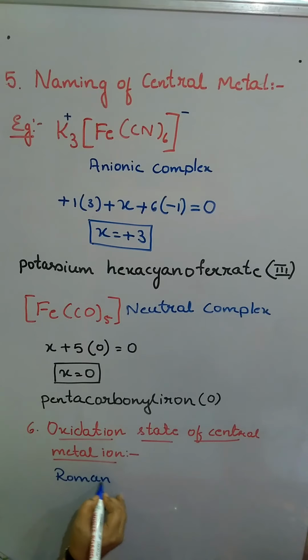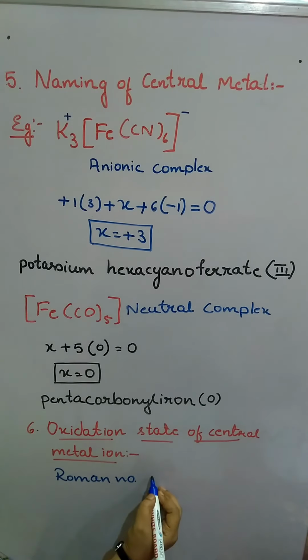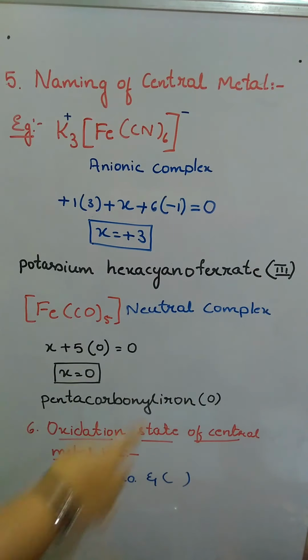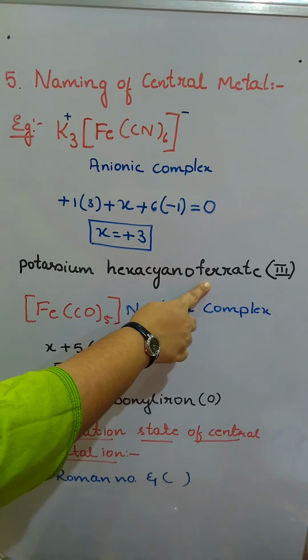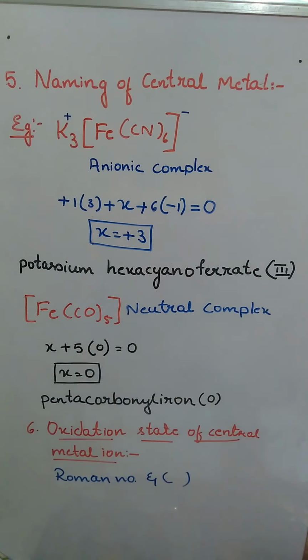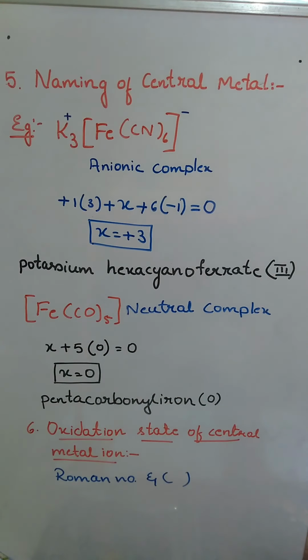The Roman numeral should be written within parenthesis, after the metal name. So we write the central metal name first, and after that metal name we indicate the oxidation state within parenthesis in Roman numerals only.